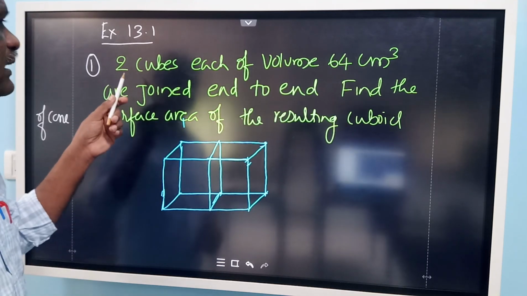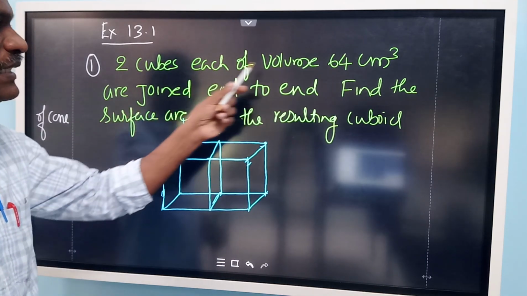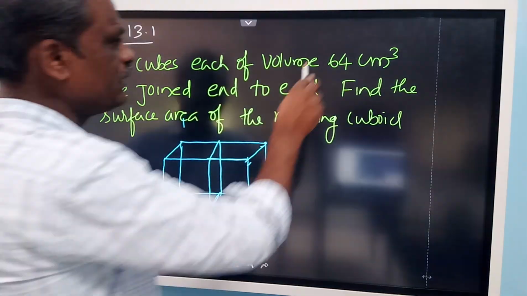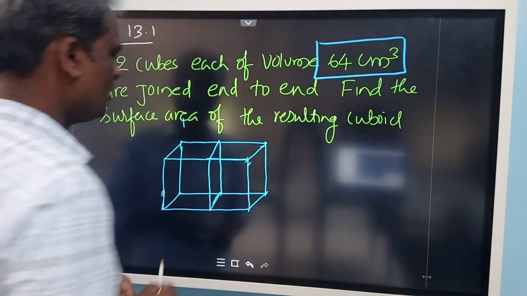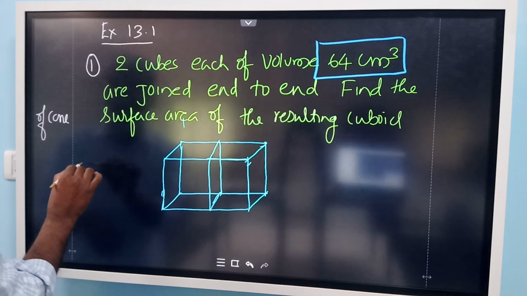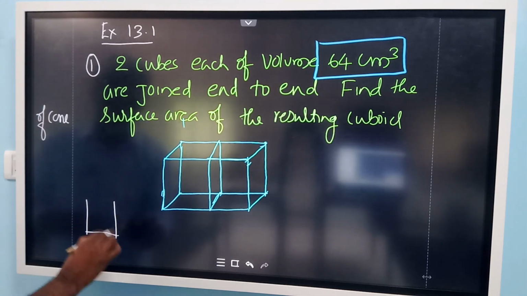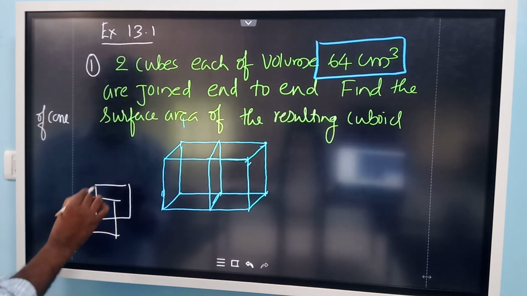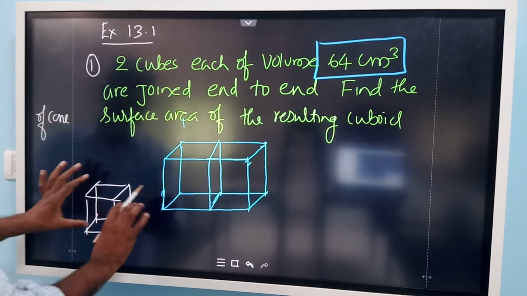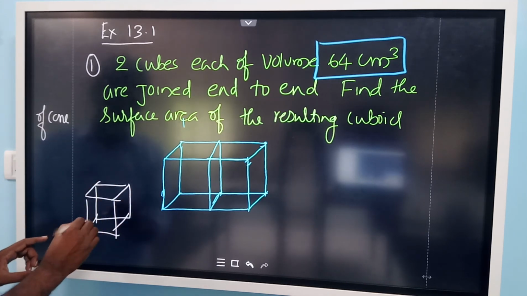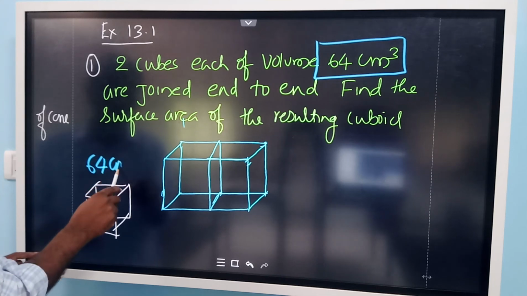We have a question, look at this. Two cubes, each of volume 64 centimeter cube. See, there are two cubes. If you attach sidewise, this is one cube, its volume is 64 centimeter cube.